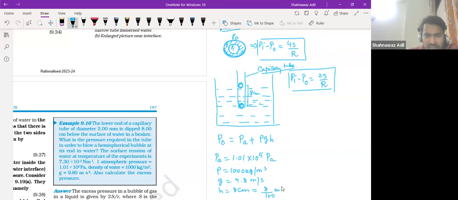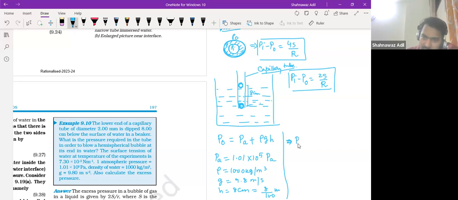So these are the things, and then we can calculate the pressure of this bubble at this height. We are not calculating the pressure inside yet; that we have to find out.